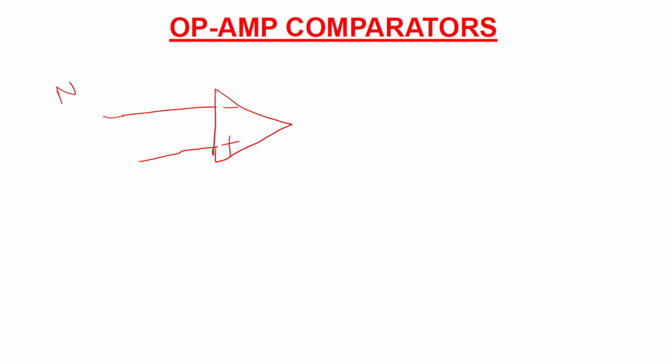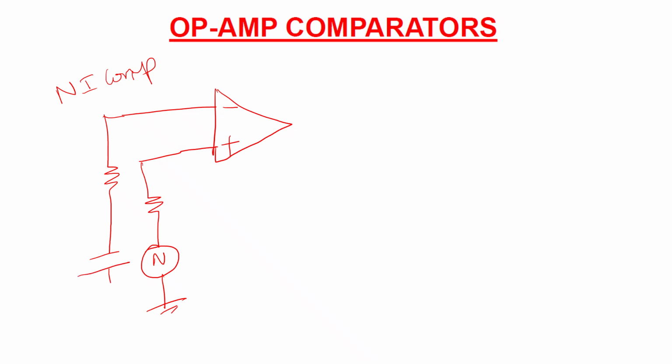The example I have taken here is a non-inverting comparator. The input signal will be fed to the positive terminal of the op-amp, and a reference voltage, V reference.